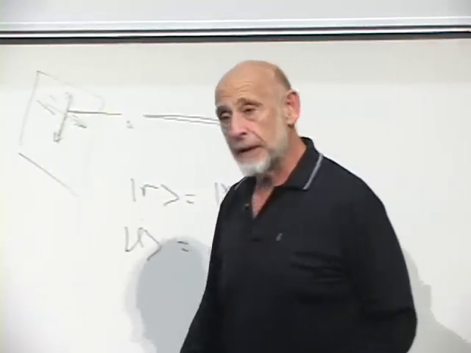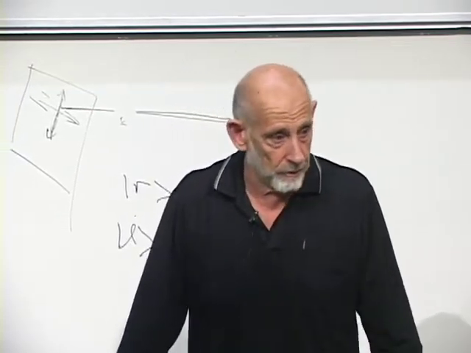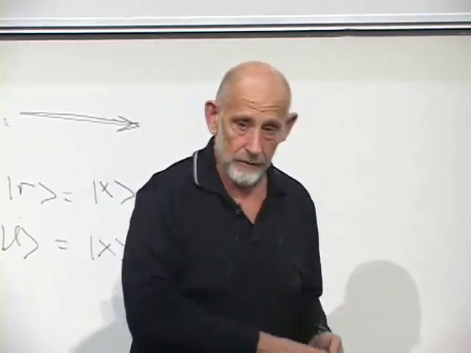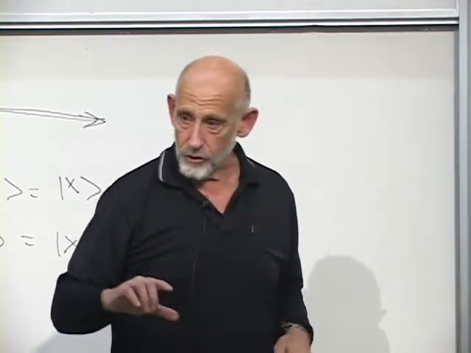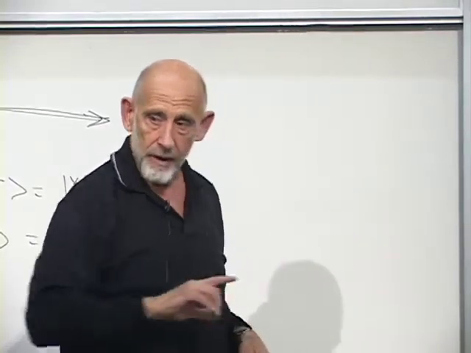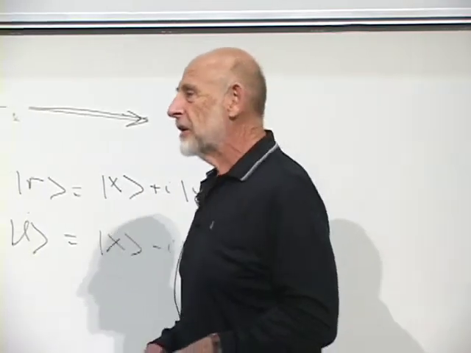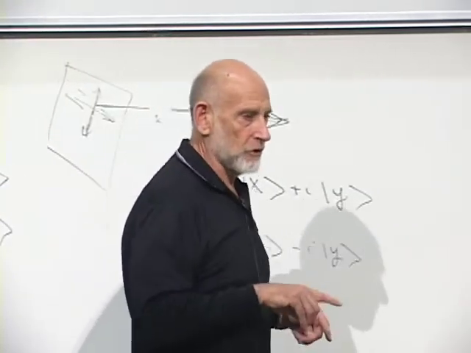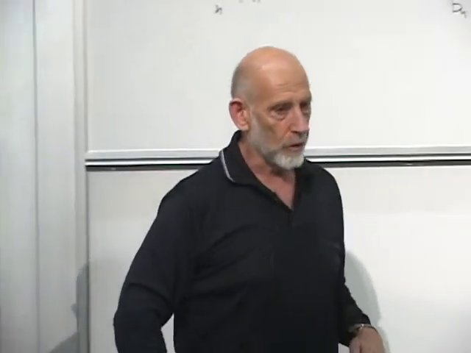Roughly speaking, and this is an analogy I want you to keep in mind, it's a good analogy and we'll draw on it: a graviton moving down the z-axis with maximal angular momentum, that means 2 units of angular momentum, is mathematically the same as 2 photons, each with 1 unit of angular momentum.